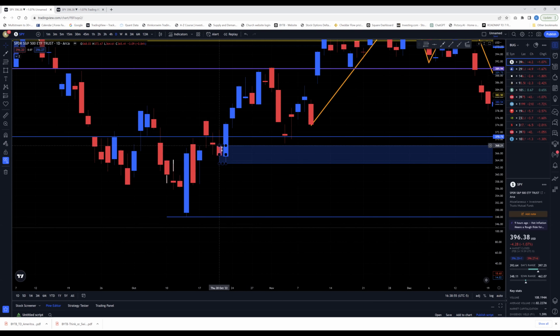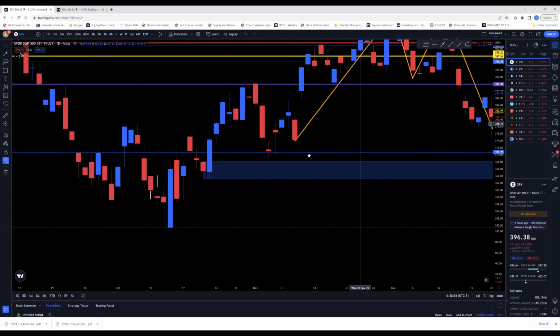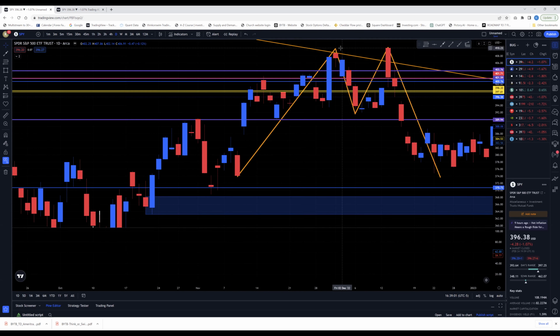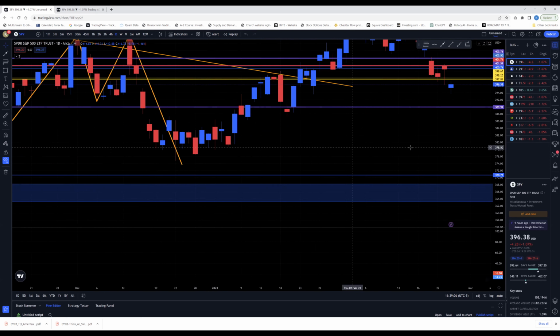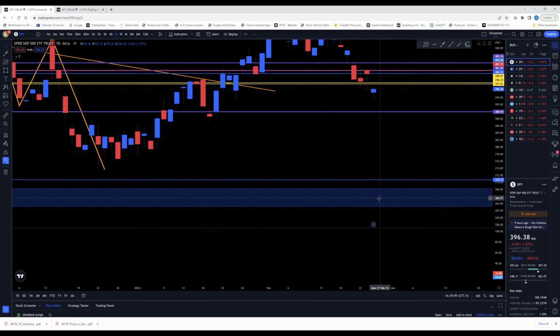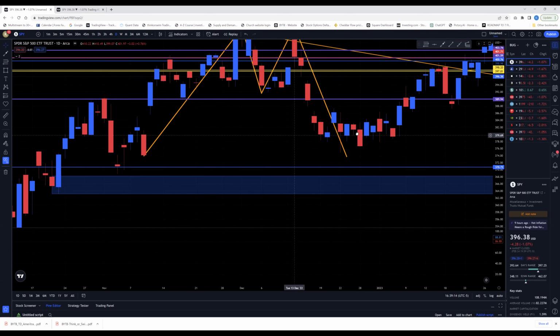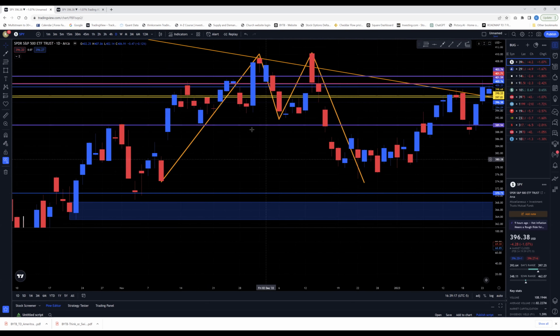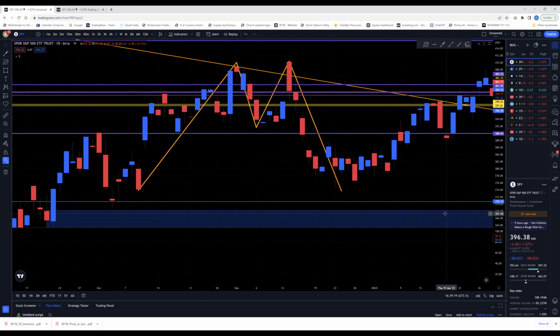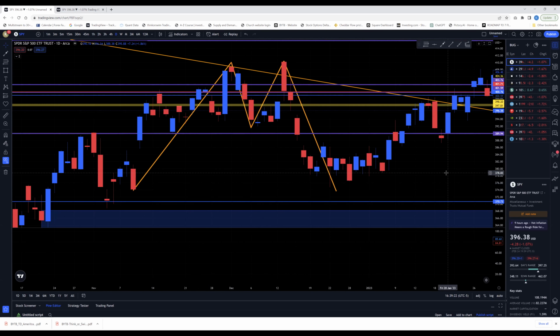It started at 363 and went all the way up to 410 before it ever came back down. It still hasn't come back down to the zone yet. On a daily chart, this market went from 360 to 410 before it ever came back here. So the further away the market goes from that supply or demand zone determines how strong or weak it is. Does that make sense? Yes.